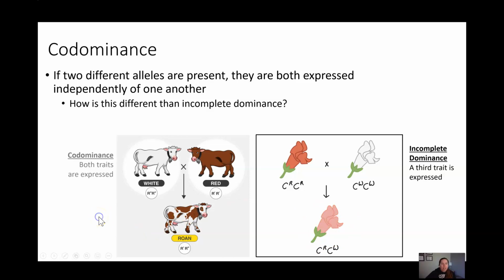Now, on the other hand, in codominance, we're not getting a third trait. What we're getting are both of these traits being expressed at the same time. So this cow has both white fur and red or brown fur, whatever color this fur is here. So very important difference between codominance and incomplete dominance. One, in incomplete dominance, we have a third trait being expressed.